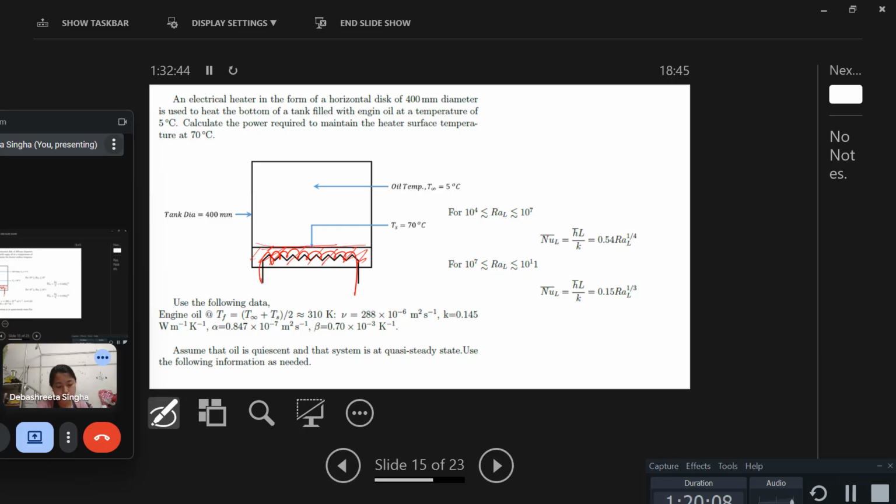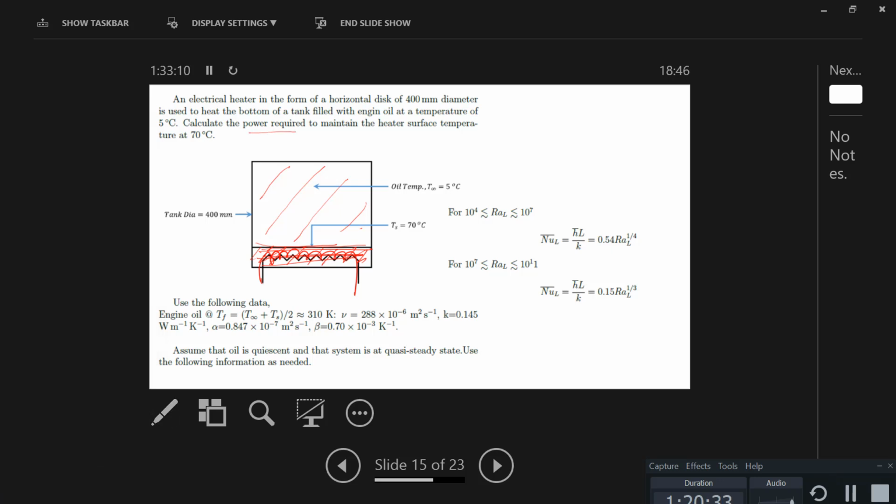This is the heater in the form of a horizontal disc. The whole one is the heater. This is the oil which is at 5 degrees Celsius.